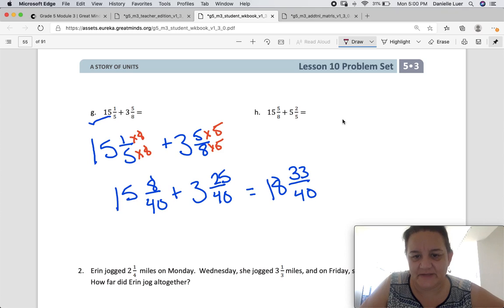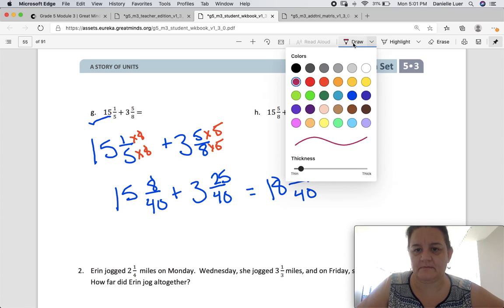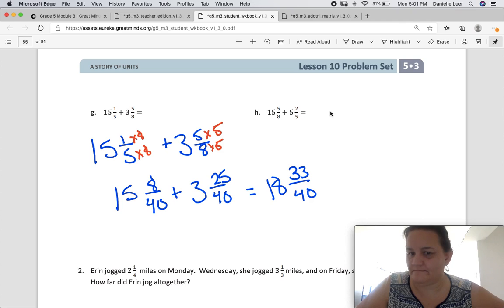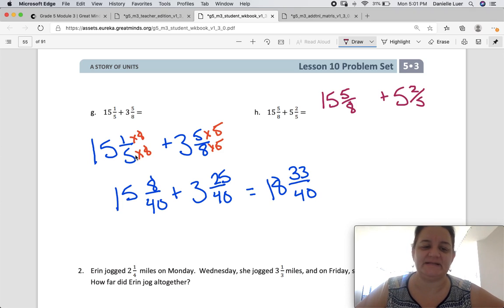Okay, this one, 15 and 5/8 plus 5 and 2/5. Again, they've gifted us here. 5 and 8, we already know that our common denominator is going to be 40.